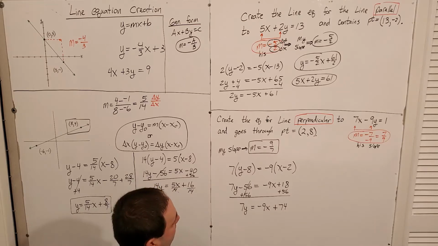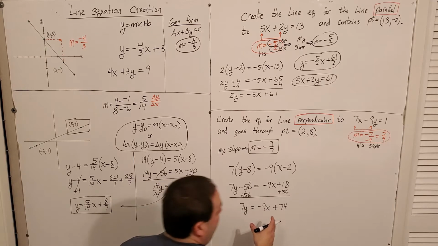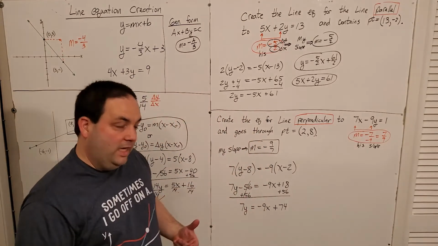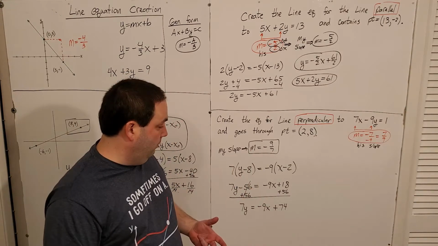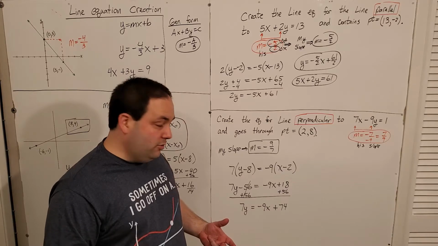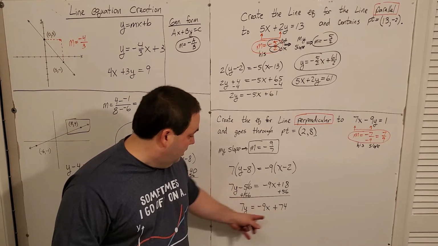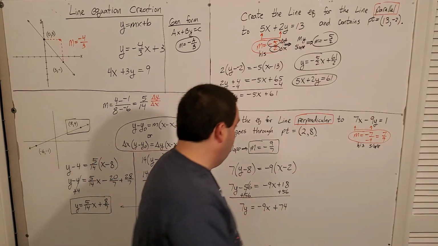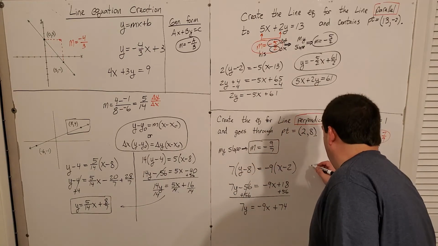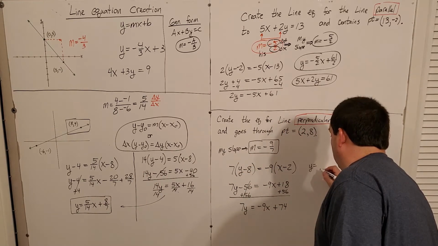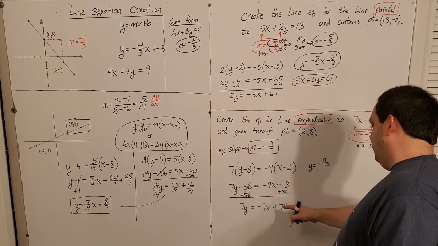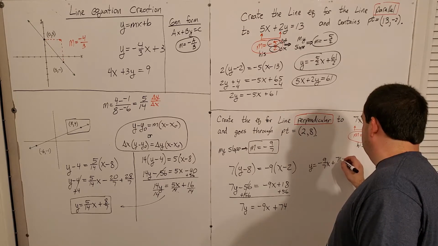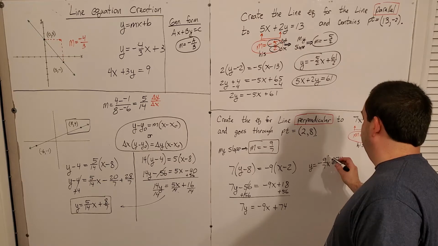Plus 74. So again, where we are, we have a choice. Do we want our answer in slope-intercept, or do I want my answer in general or standard form, right? So if it's slope-intercept, I want to divide everything by 7, okay? So then I'll have y equals negative 9 over 7x plus 74 over 7, which doesn't reduce.